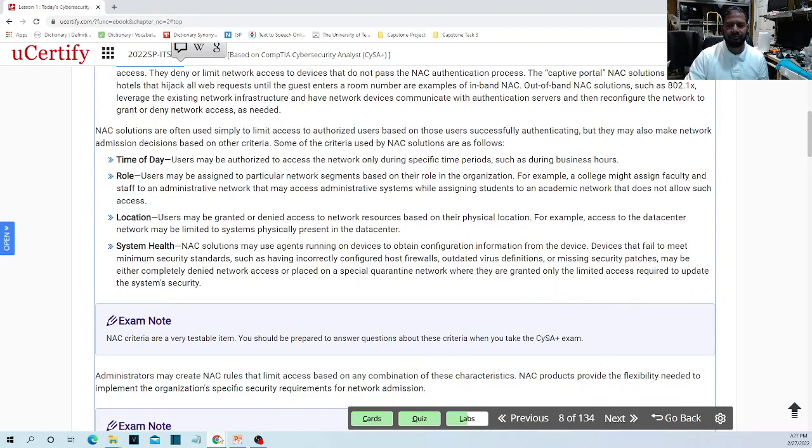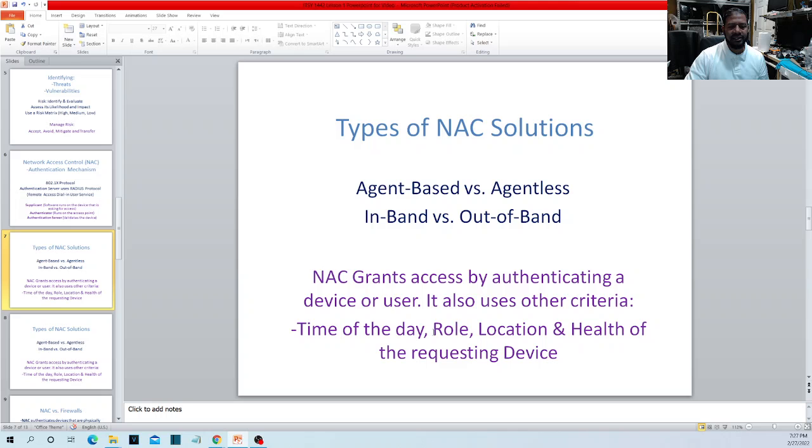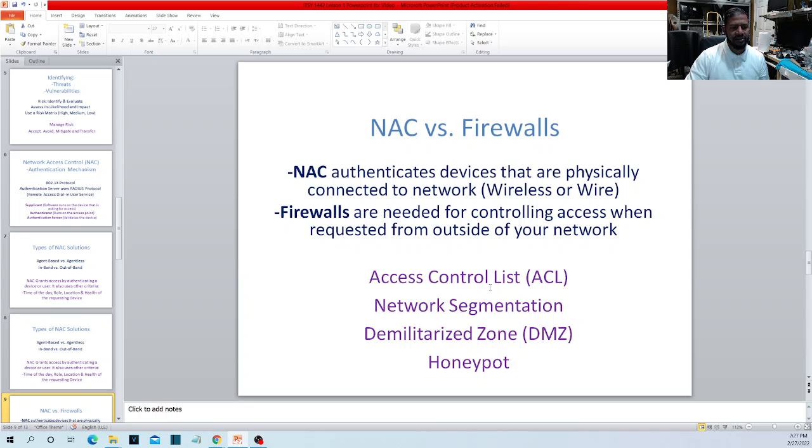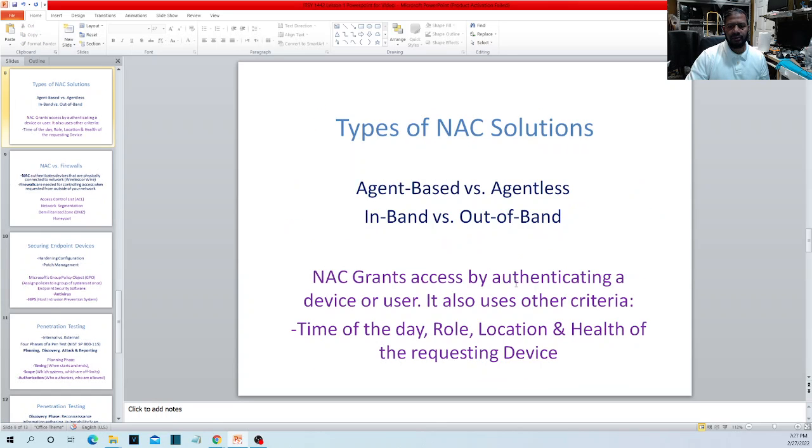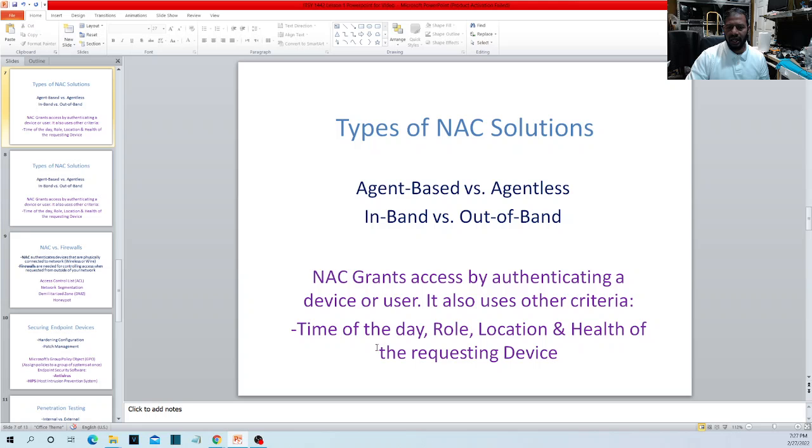And NAC uses many other mechanisms other than just password, many other criteria. Like time of the day. You can configure the NAC to allow users only at certain times.